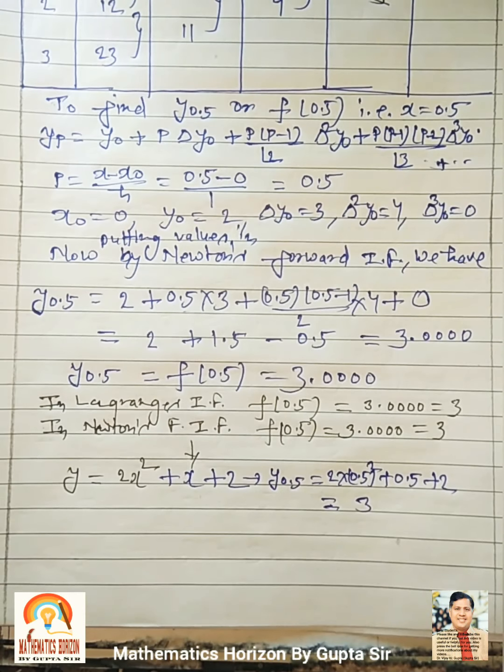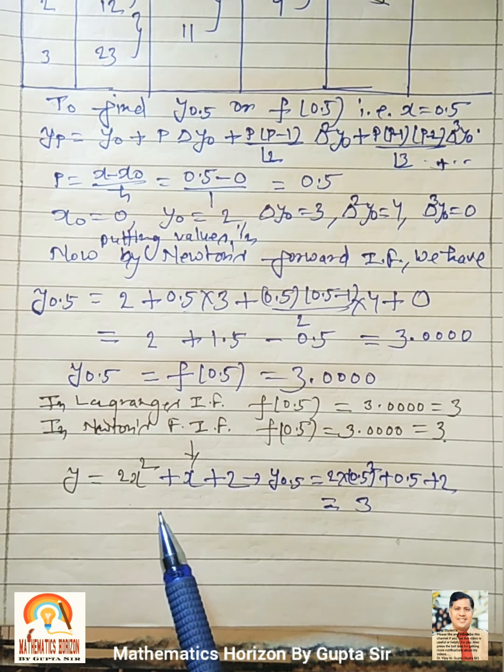Here you can see, these two formulae are very much capable of finding the value of the function for any intermediate value of the independent variable. By Lagrange's we get the answer 3. By Newton's forward interpolation, we get the answer 3. And the given set of values are connected by this function.